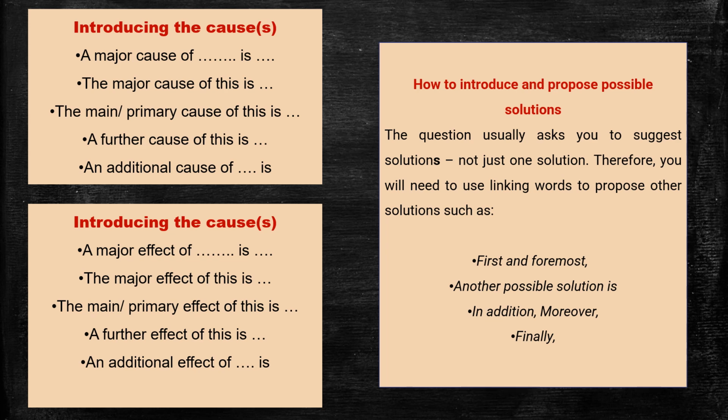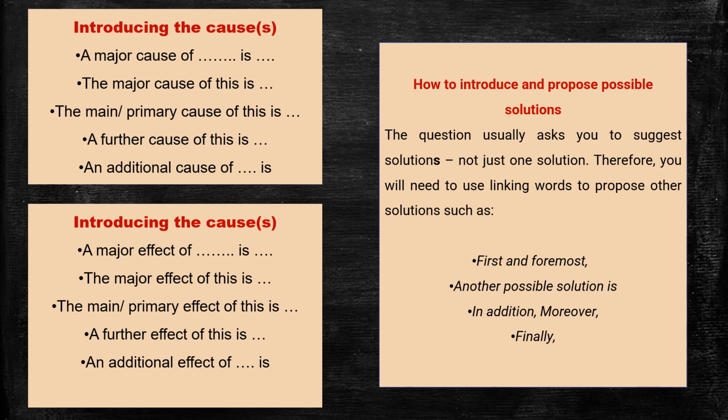Okay. Introduction, you paraphrase the question, write the thesis statement and the concluding sentence. For the body paragraphs, you begin your first sentence by saying a major cause of, if the question is asking you to write the causes of a problem, or a major effect of, if the question is asking you to write the effects of the problem.